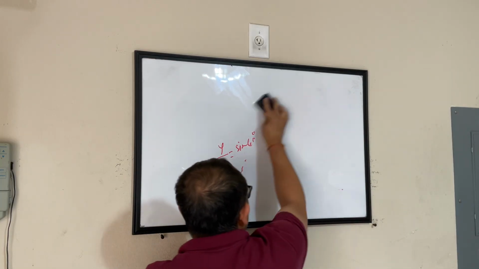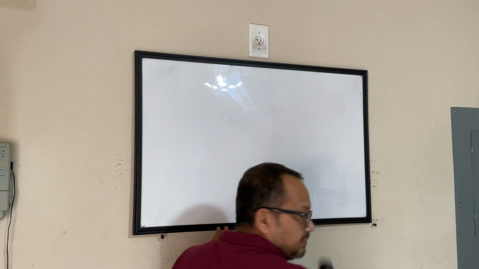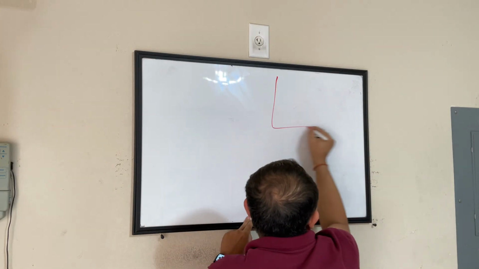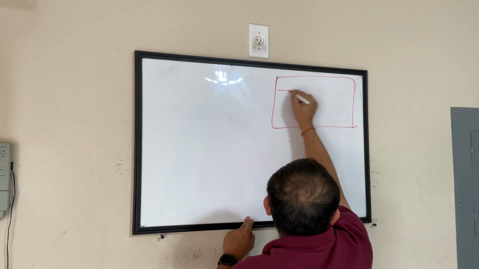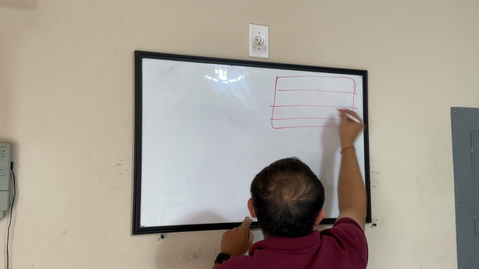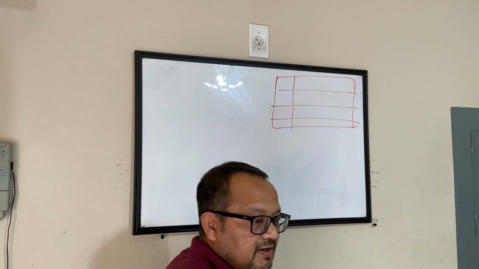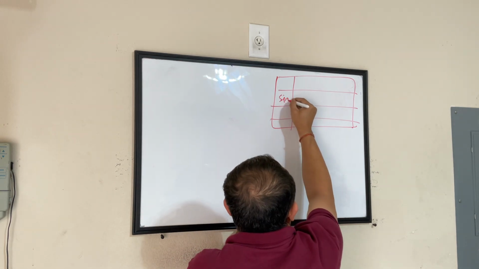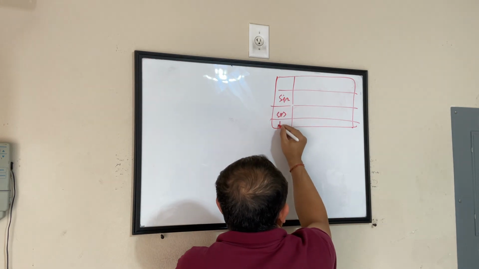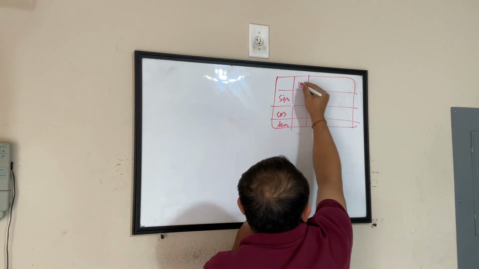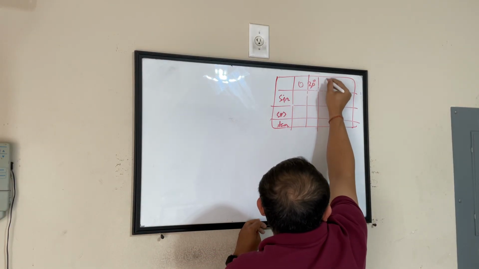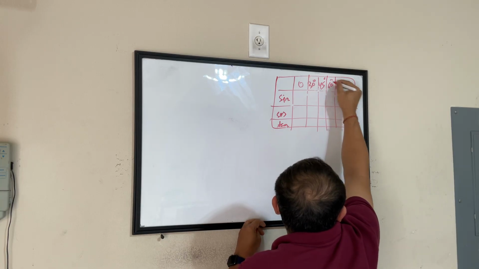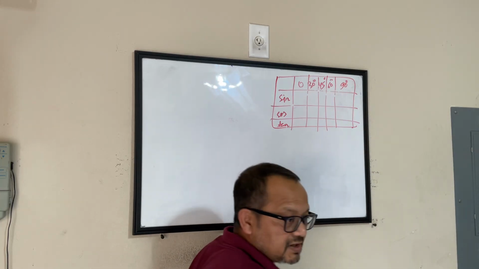And once we know those numbers, then we'll use that information to find out the values for larger angles. Okay, so let's say this is sine and cos, with angles 0, 30, 45, 60 and 90. These are what we are trying to find out.